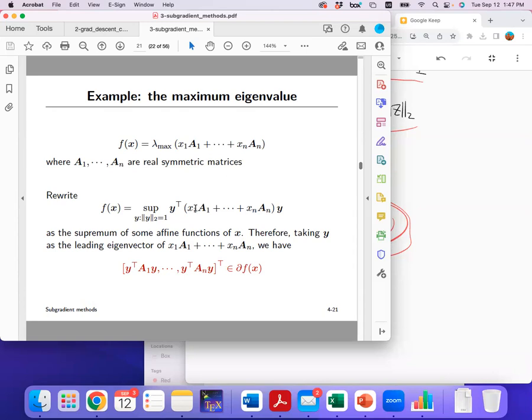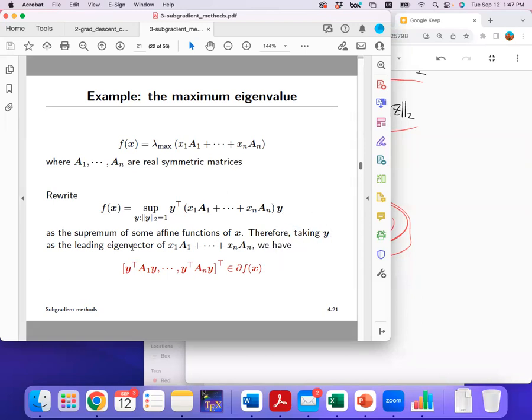Because once you take the gradient with regard to x, it's just y transpose A1 y, a scalar, for x1, and so on up to y transpose An y for xn. So these are all scalars, and you put them together to get a proper subdifferential, where y is the leading eigenvector. This is to satisfy the active condition, right?